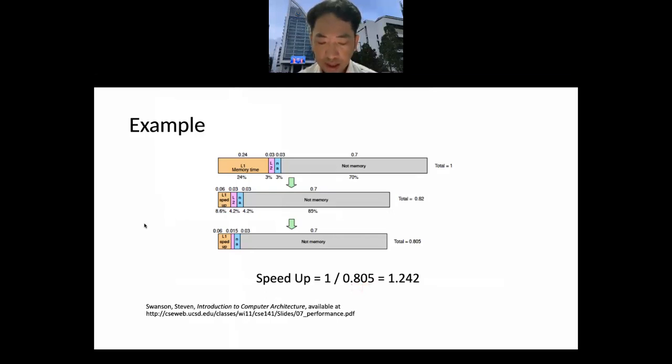80.5%. So the speedup is just 1 over 0.805, and here is the speedup. So in total, the speedup is about 24%. This is how we can use Amdahl's law to see the improvement when we improve some part of the computer system.